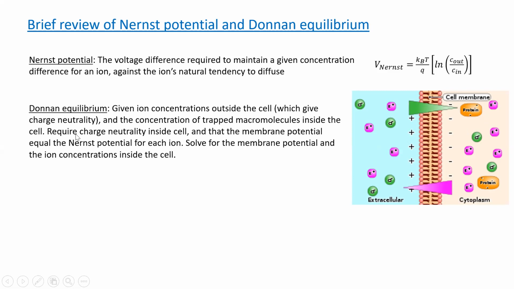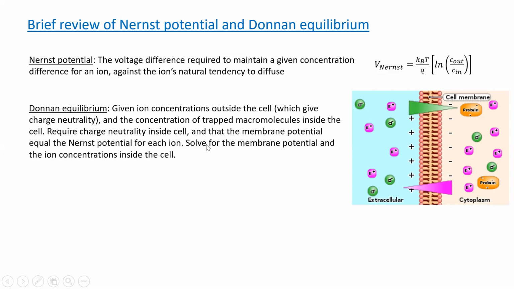And then there were several equations requiring charge neutrality inside the cell, so the concentrations of the different ions inside the cell should add to a net zero charge, and that the membrane potential should equal the Nernst potential for each ion, so that the ion flow would be balanced and in equilibrium.